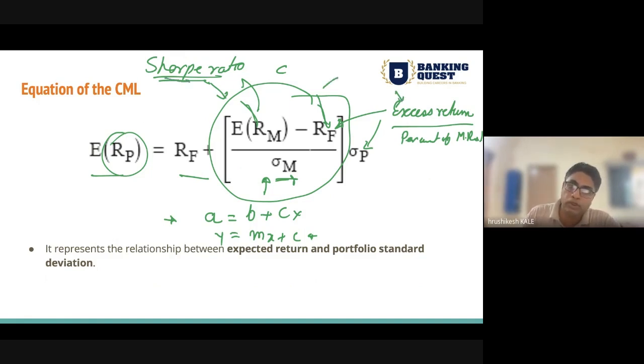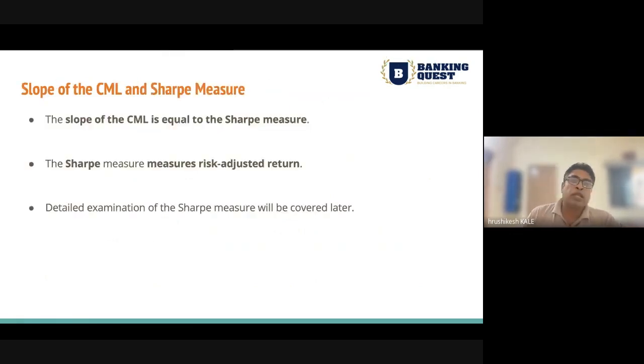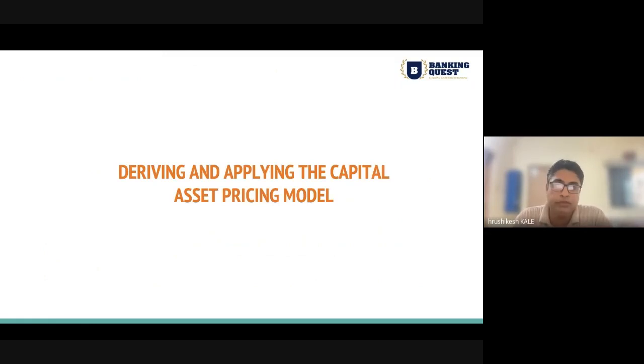And the Sharpe ratio is nothing but the slope of the capital market line, as simple as that. The slope of the capital market line is the Sharpe ratio. The Sharpe ratio measures the risk-adjusted return. Basically, for 1 unit of risk, how much excess return you are generating. We will see the formula in future.